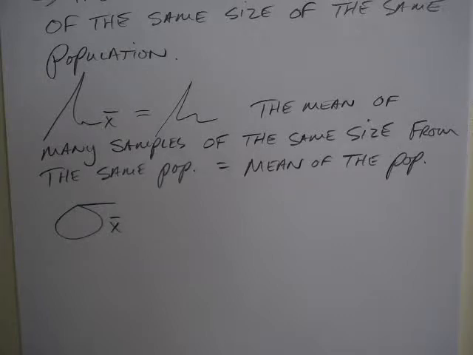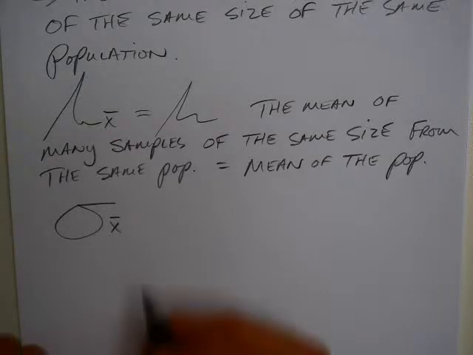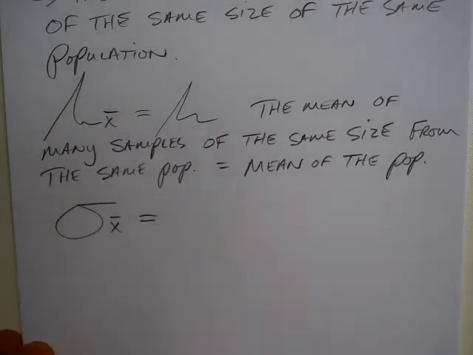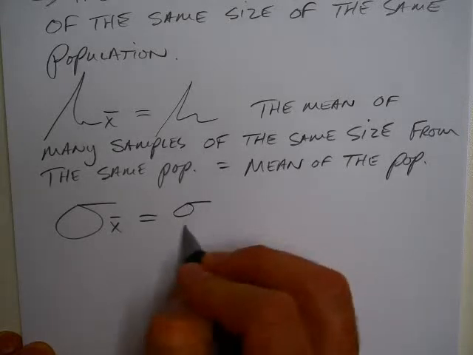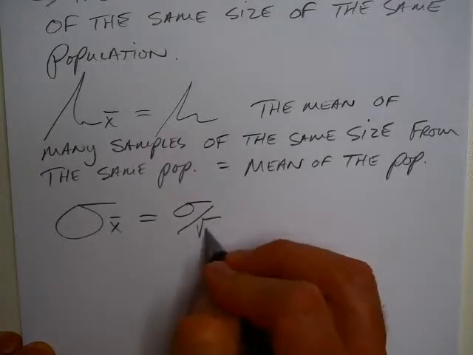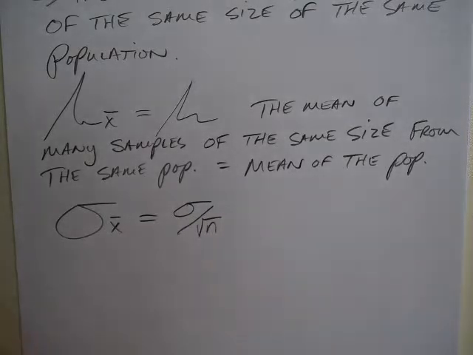So it's taking the standard deviation of this 3 and the standard deviation of that 3 and the standard deviation of that 3, and keep taking those standard deviations and then averaging them. And this is one of the easiest standard deviation calculations there is in all of statistics. It is simply sigma over the square root of n. How many people are you sampling?